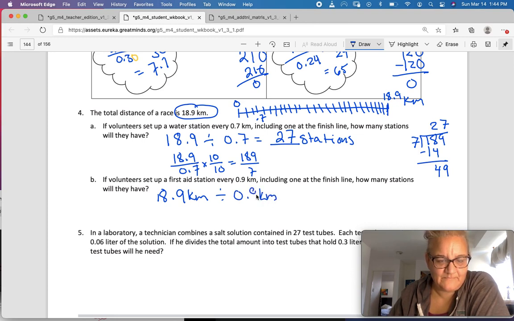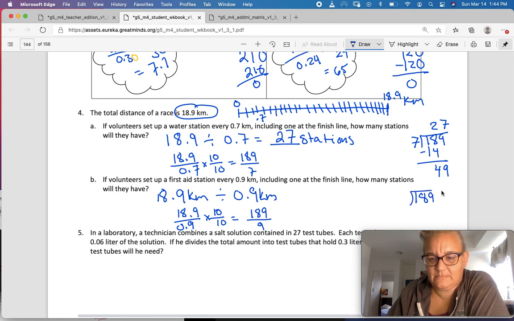I can see the answer already, can you? 18.9 over 9/10. And we're going to multiply that by 10 over 10 to move the decimal. 189 divided by 9. Move my long division over here. This is going to be an easy one. Can you see it already?